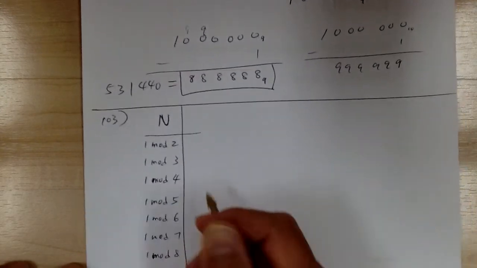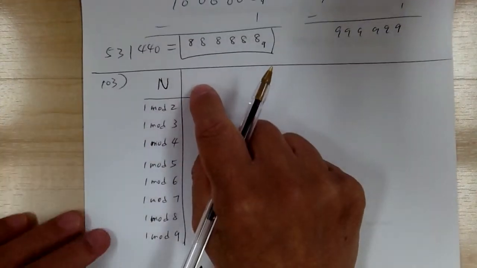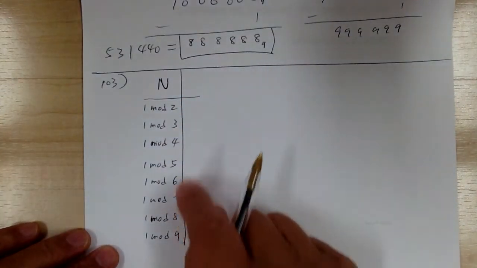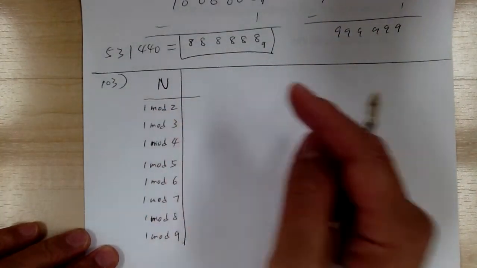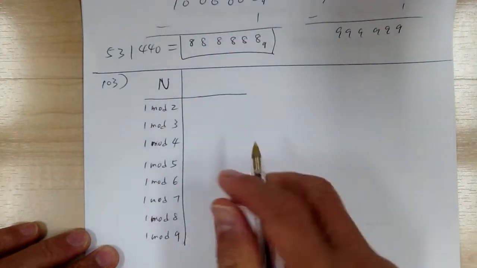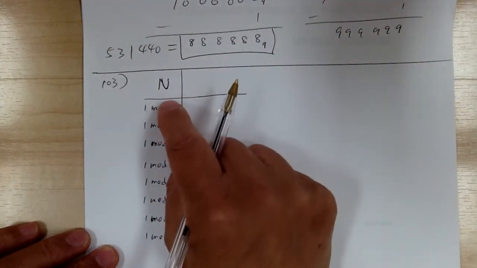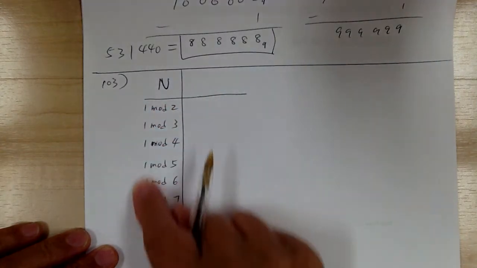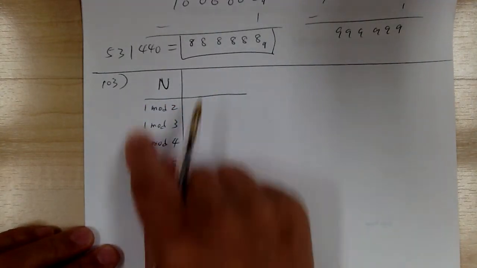So again, a number that divided by any single digit integer will have a remainder of 1. In this case, the remainder is already 1, so this is actually not too bad.